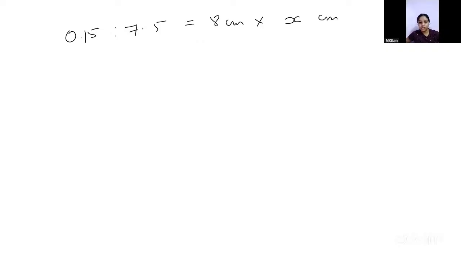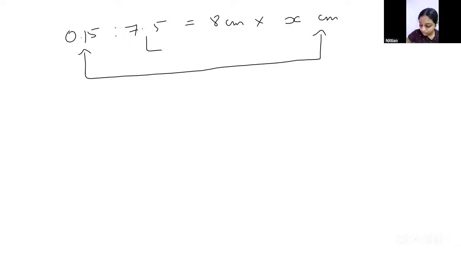Don't get confused by the centimeter. But you have decimals on one side and on the other side you just have numbers, 8 and x. Same process. These two we will multiply and these two we will multiply.